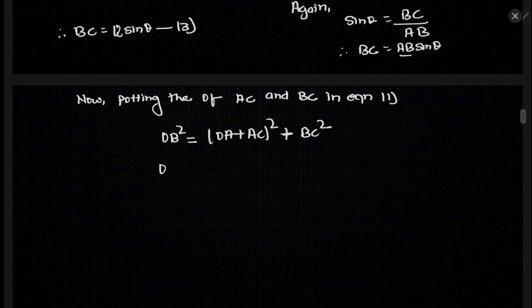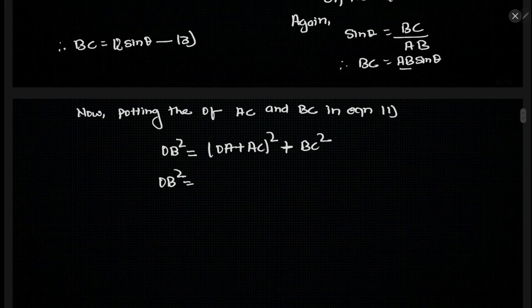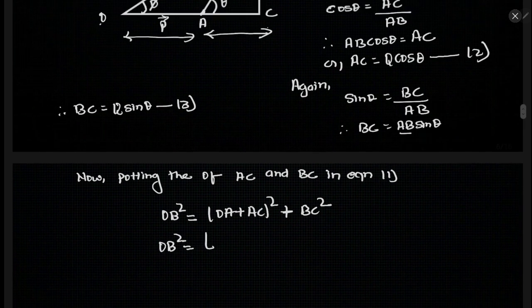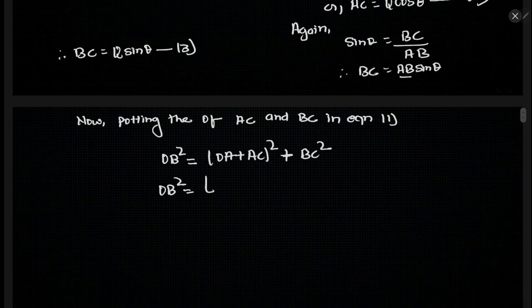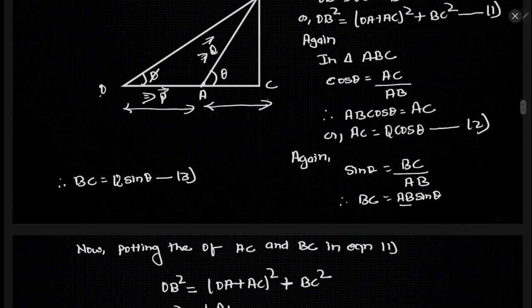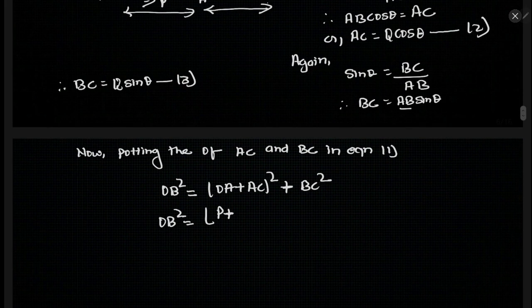So now OB square is equal to, for OA we have P as magnitude, so we will substitute P plus, we have AC is equal to Q cos theta, so we will substitute that, (Q cos theta) square plus again (Q sin theta) square, and this is whole square.